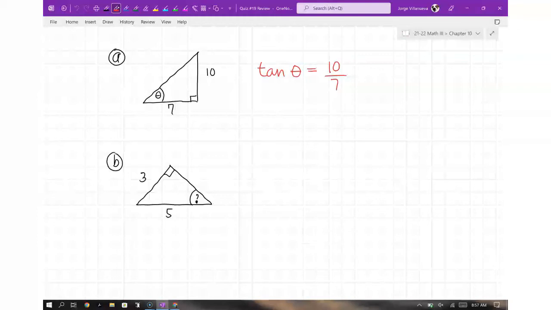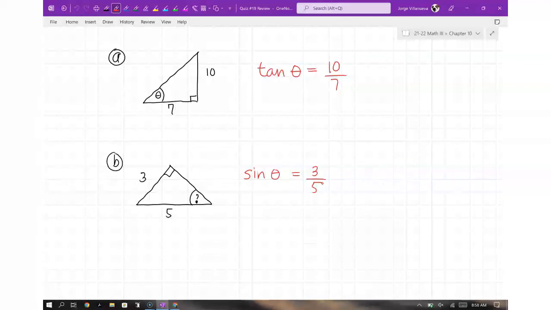Opposite and hypotenuse, which means I should use sine, right? Yeah, sine. So I'm just going to put sine of, they have a question mark here. If they didn't, you can put like theta and then put opposite over hypotenuse. Okay? So again, they'll give you the options. Just pick the right one. That's all you have to do.